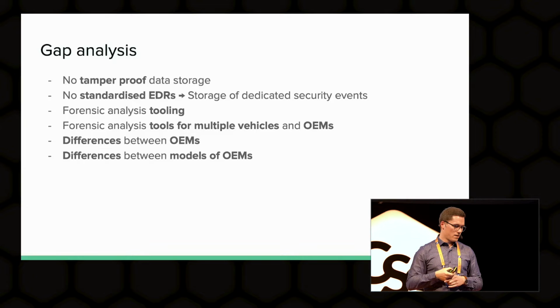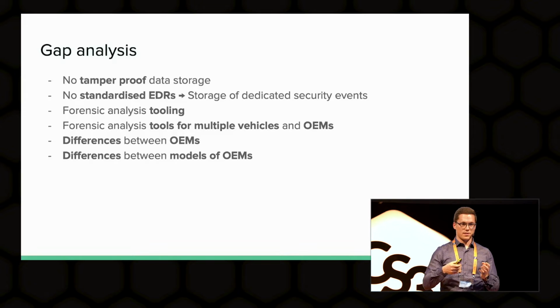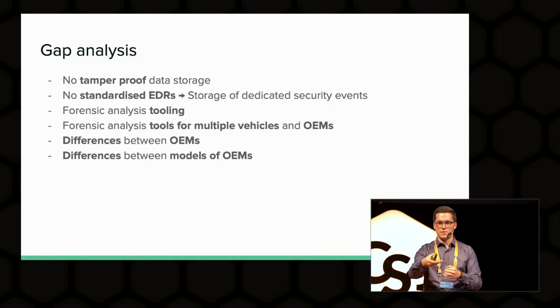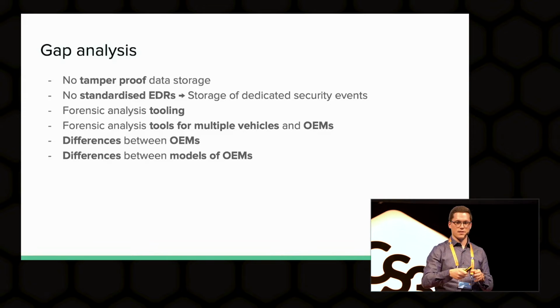Next, we have no forensic tooling or only limited forensic tooling, and the tools are usually for one specific OEM or one specific model. We have very big differences between the different OEMs, and even within the models of specific OEMs, there are very big differences for performing automotive forensic analysis and acquiring data.